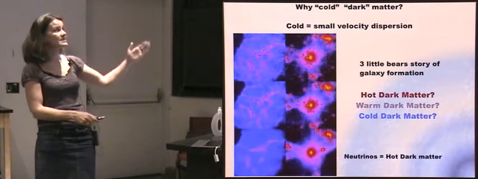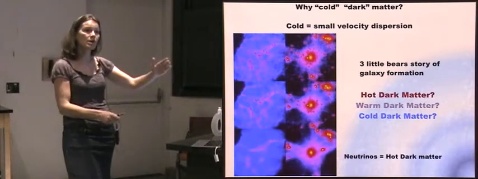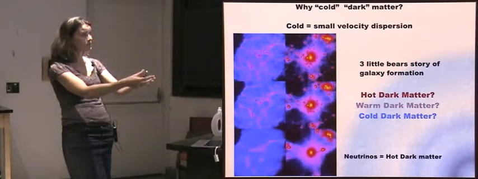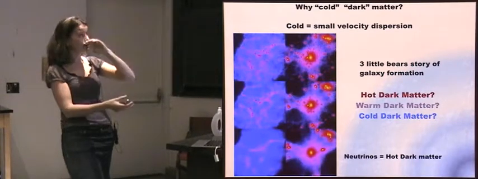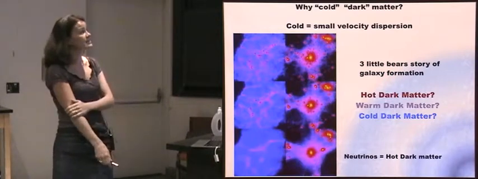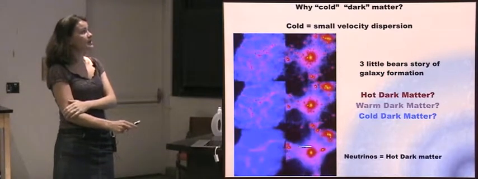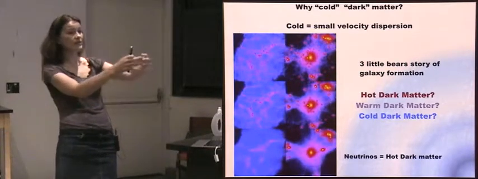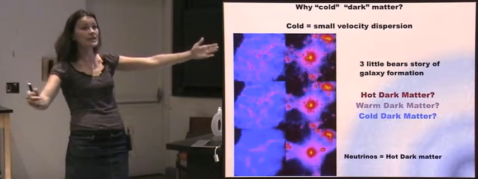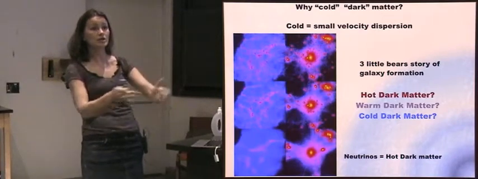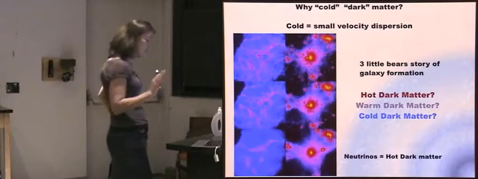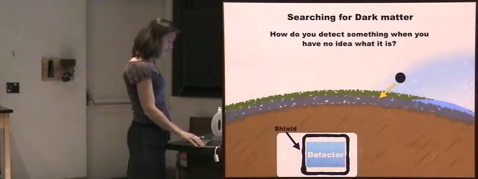If you remember back to the slide where I showed galaxy formation, where small objects clump together and form larger objects, we call this the bottom-up story of galaxy formation. Hot dark matter gives a top-down theory of galaxy formation, where you get very large structures that form first, and then fragment into smaller structures. And we know that that is not how galaxies form. So neutrinos can't be all of the dark matter.